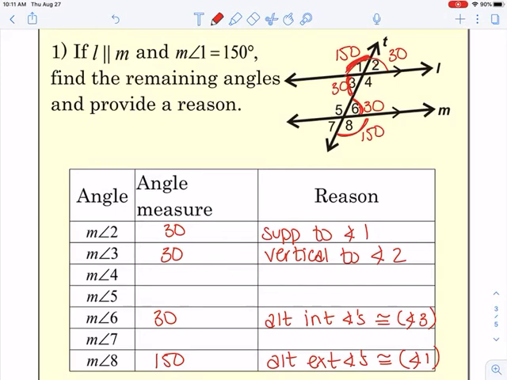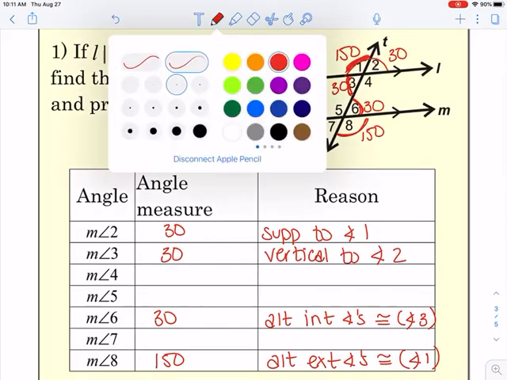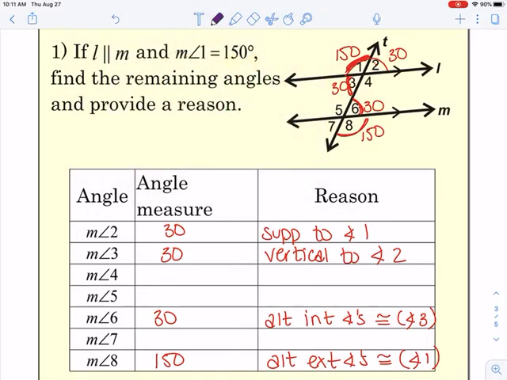Let's see, how about we get a pair of corresponding angles in here? So I'm going to find angle 5 now. Let me change the color. I know this picture's getting a little busy here. Okay, so I want to find angle 5 using corresponding angles. Again, corresponding angles, if I cut this picture right in half right there, and I take these angles and I place them on top of the bottom set of angles, angle 1 would land on top of angle 5.